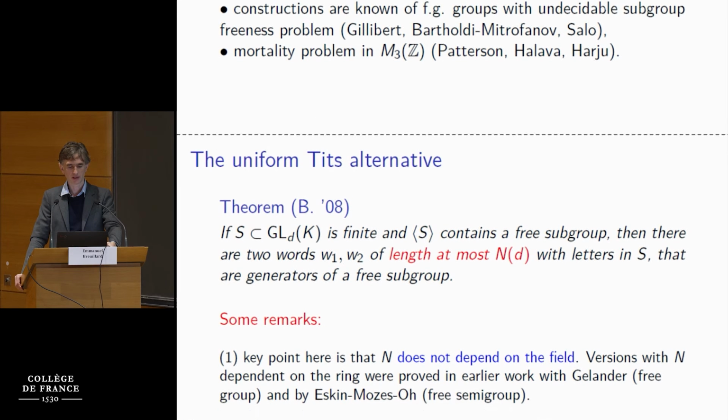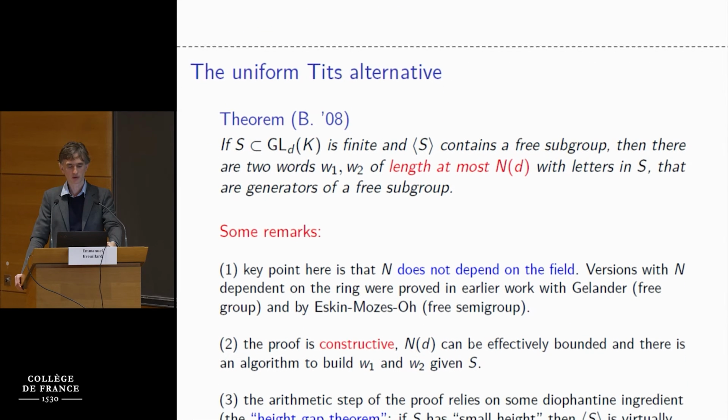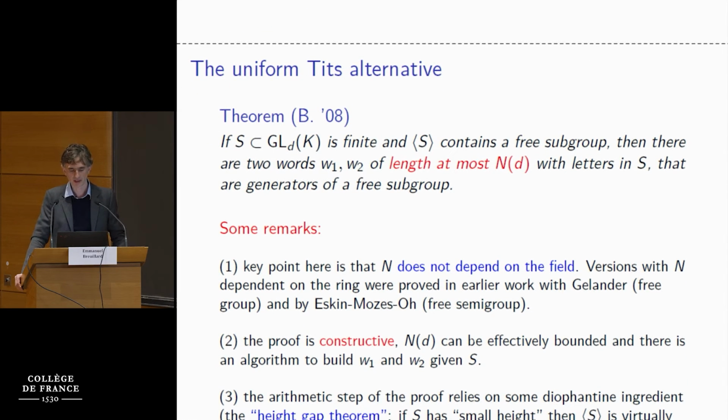Now I move on to a statement about the uniformity of the Tits alternative. Tits, in his theorem, tells you can find a free subgroup. So you can find two elements that generate a free group inside your non-virtually solvable finitely generated group you started with.